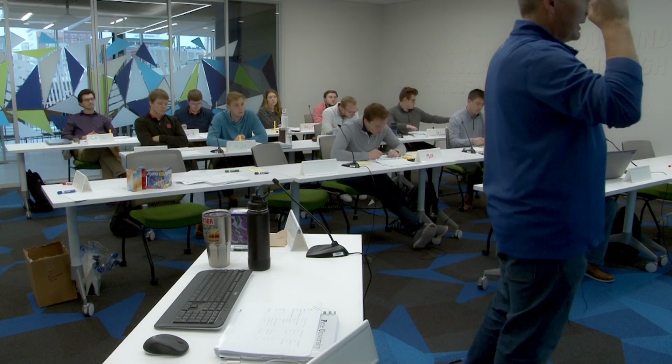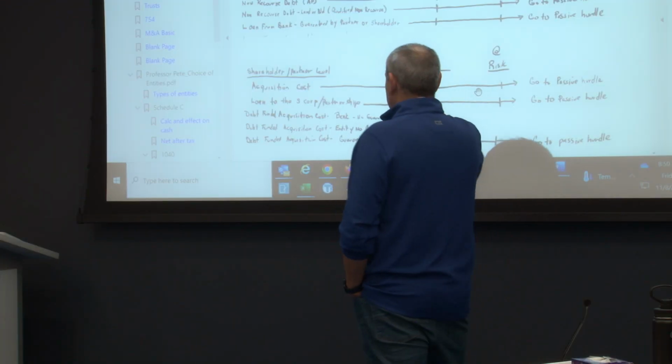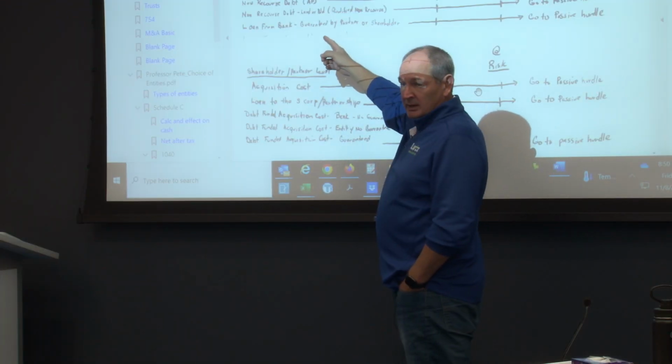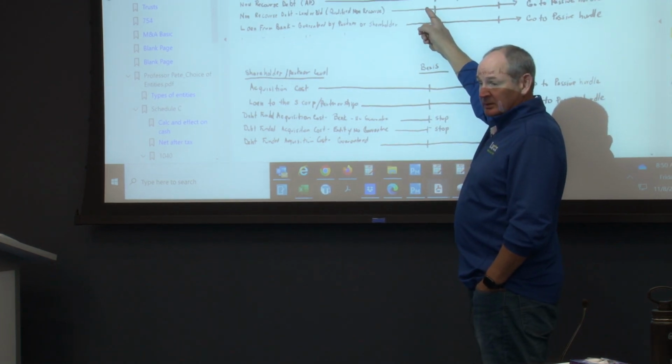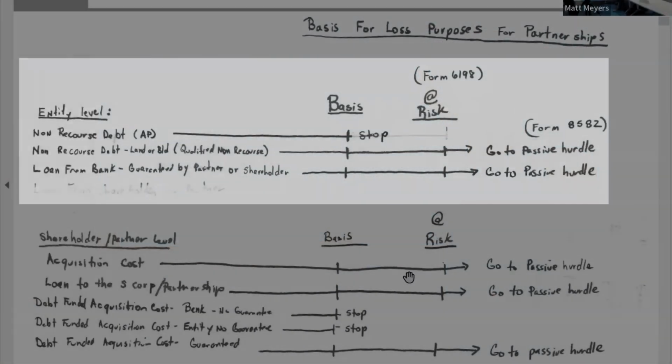At the entity level, non-recourse debt gives you basis, but you have to stop there. It doesn't give you any more than basis. You're not at risk for it, unless you give a guarantee, which might happen, but never happens.